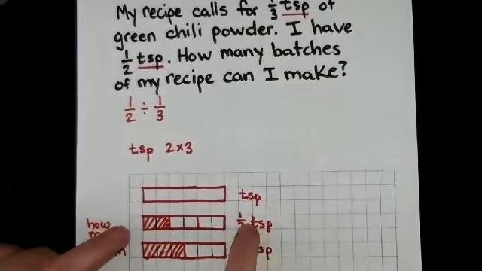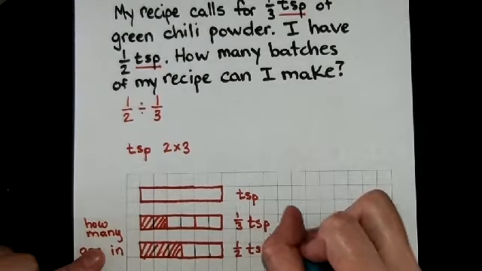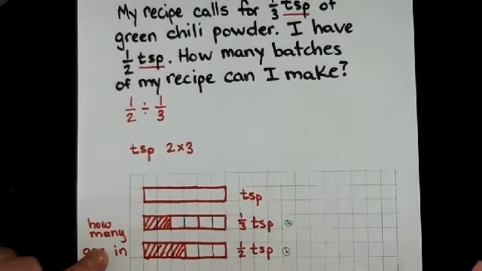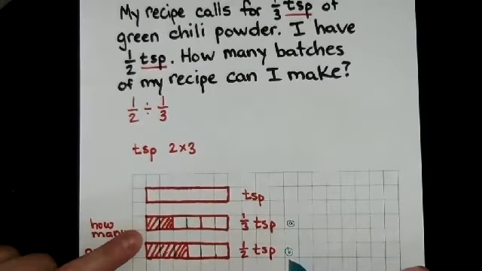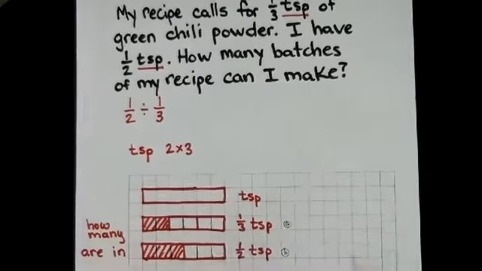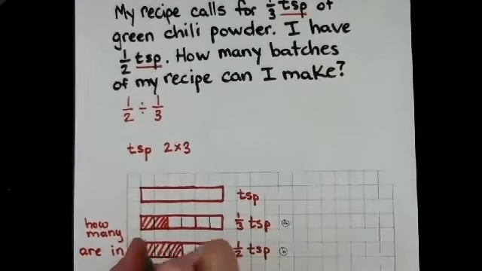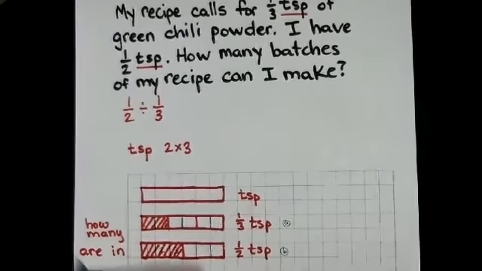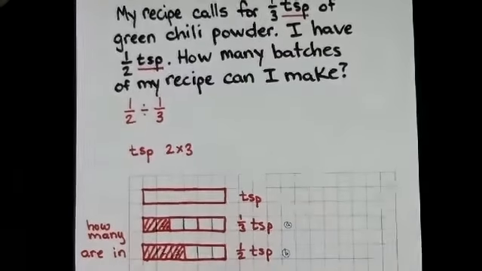We originally cut figure A into 3 pieces and figure B into 2 pieces. So then we took each piece of figure A and cut it into 2 pieces, and each piece of figure B and cut it into 3 pieces. Now we can see that we have 3 pieces that make up 1/2 teaspoon, and we have 2 pieces that make up 1/3 teaspoon.